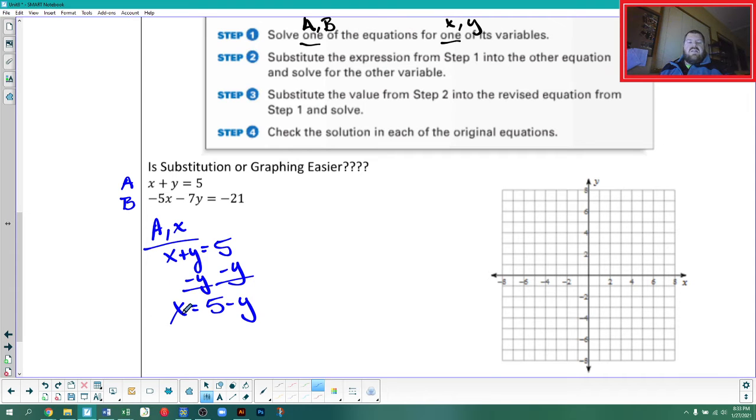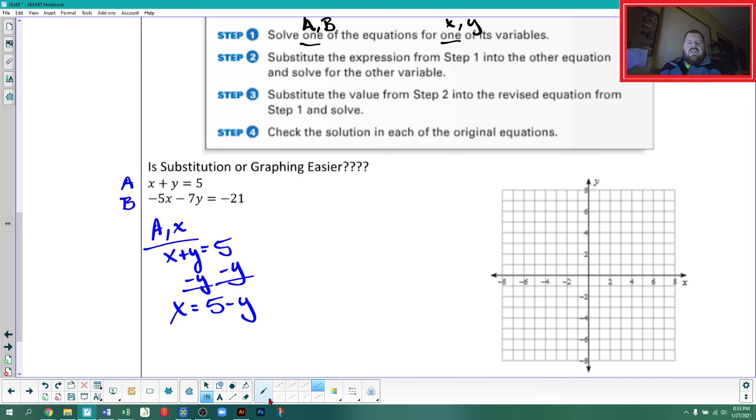But I noticed that since I picked X that didn't have a number in front, I don't have to divide by anything right now. That's why that's what I'm really looking for. I'm really looking for an equation that doesn't have a number in front of at least one of its variables. Okay, once I have that equation, I'm going to stick with that. I'm going to pick that one and solve it.